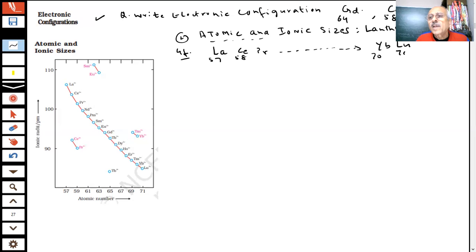Lanthanoids. As we go from lanthanum to lutetium, students, what we find, there is an overall decrease in atomic and ionic radii.